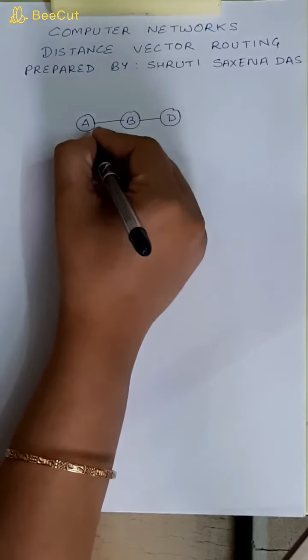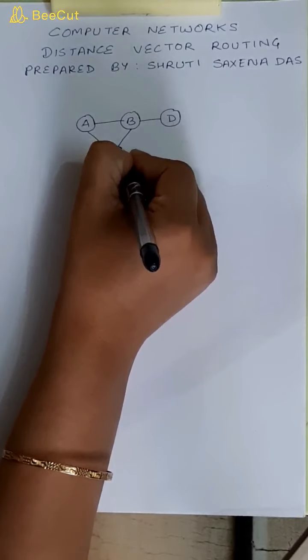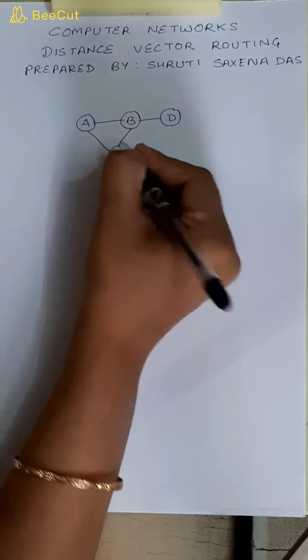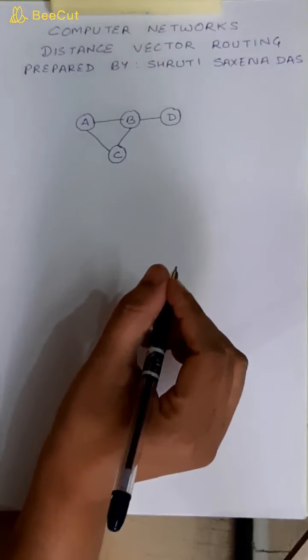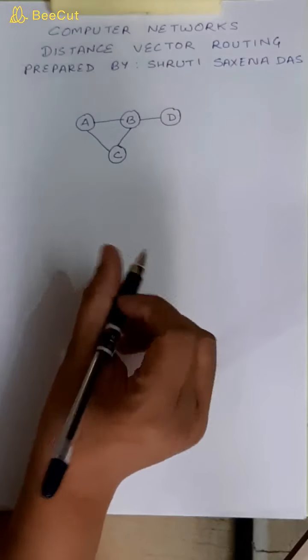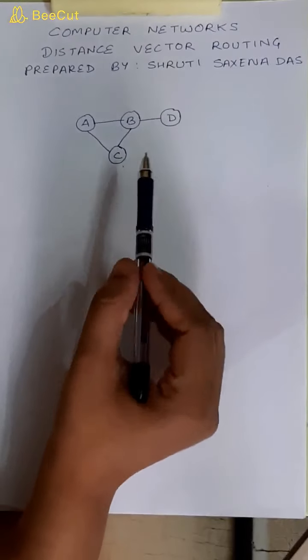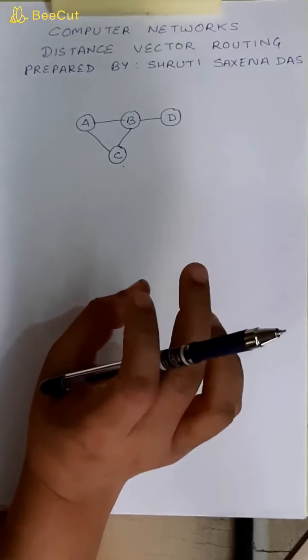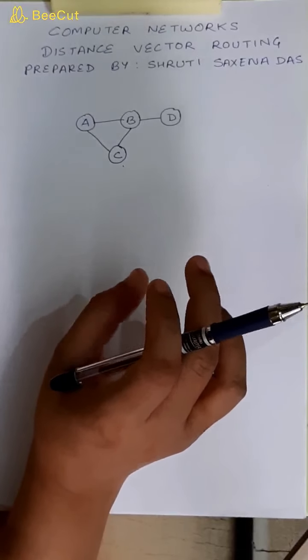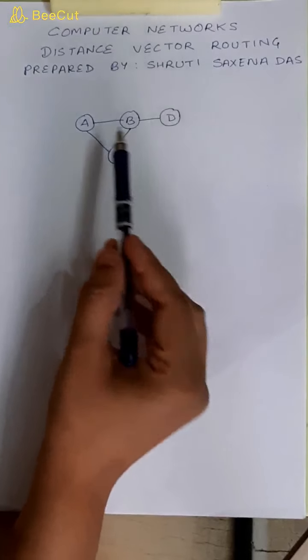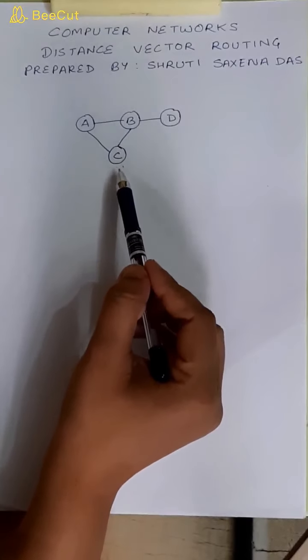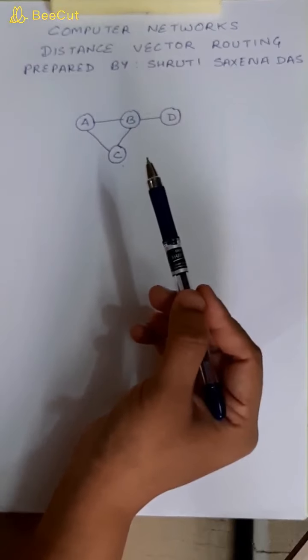I'm calling them nodes, but these are routers: A, B, C and D. If we follow distance vector routing, the first thing is that all these routers will maintain a table, also known as a vector. It is based on distance, which is why we call it distance vector routing. All these routers will maintain a routing table which will be exchanged periodically.